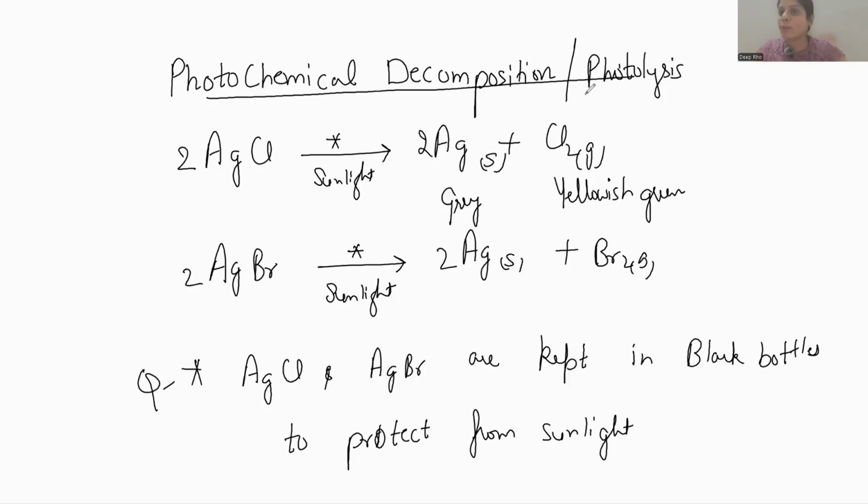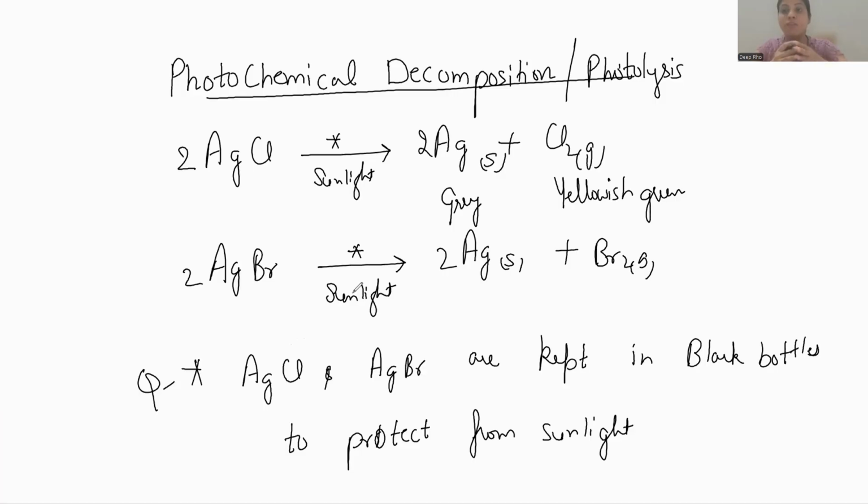Next is photochemical decomposition. Silver chloride and silver bromide, under the effect of sunlight, are broken down, decomposed into silver and chlorine gas, and silver and bromine gas. This is used in photography, or black and white photography.